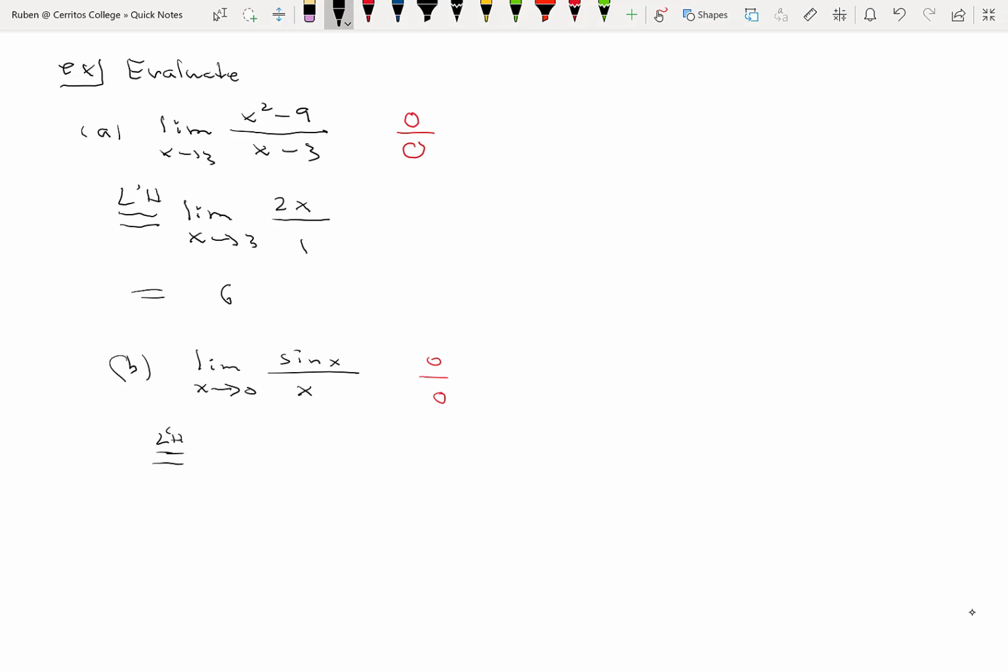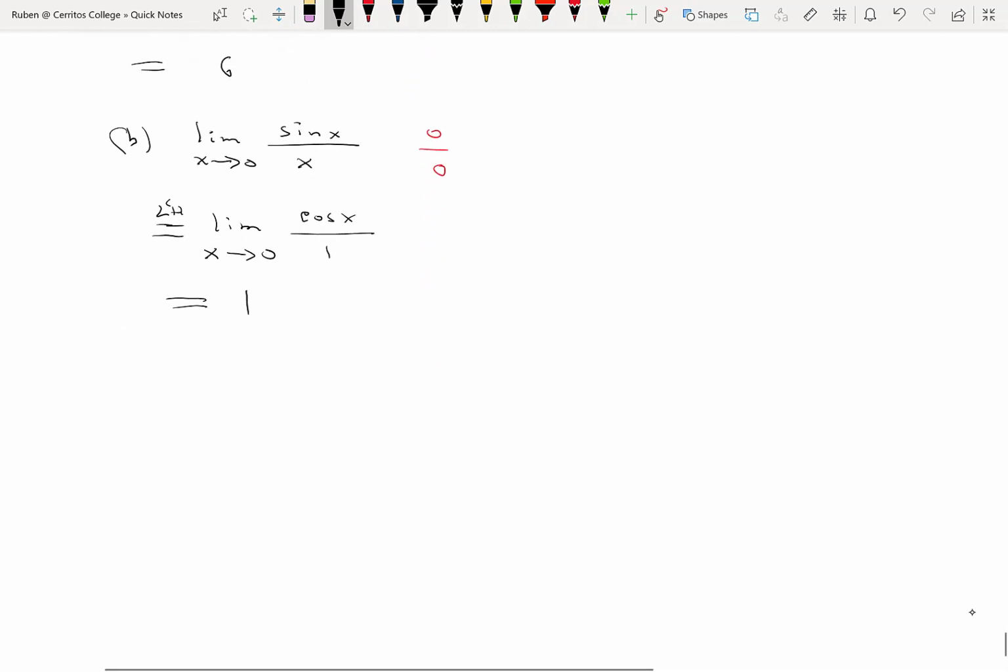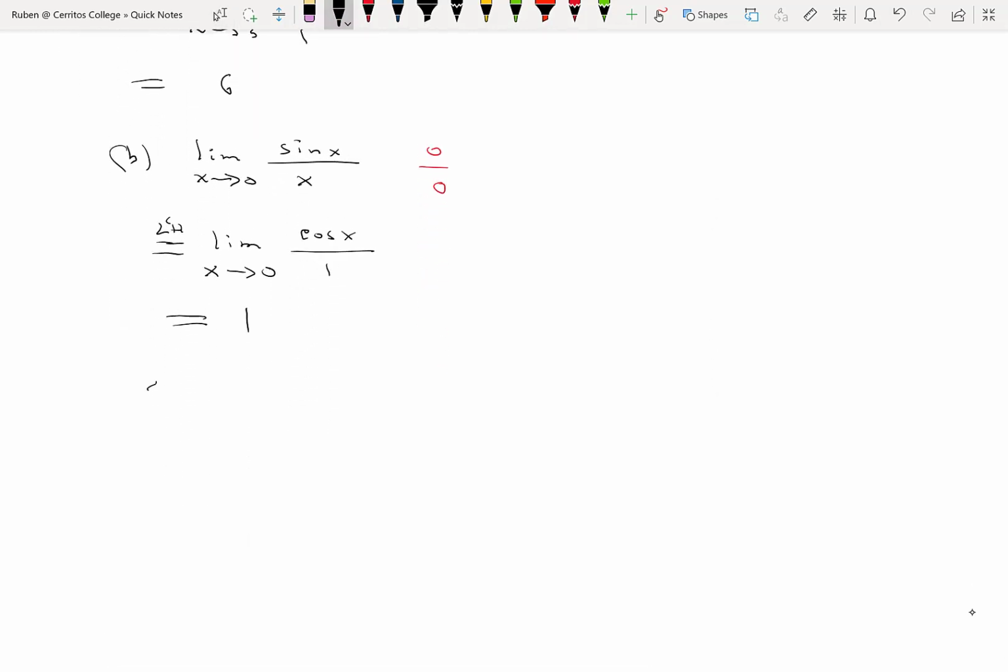So this is the limit using L'Hopital's rule as x approaches 0. Don't skip putting in the limit as x approaches 0. The derivative of sine is cosine. The derivative of x is 1. And now check this limit. As x approaches 0, the cosine of x approaches cosine of 0, which is 1, and we get this limit instantly. This is amazing. This discovery is amazing.